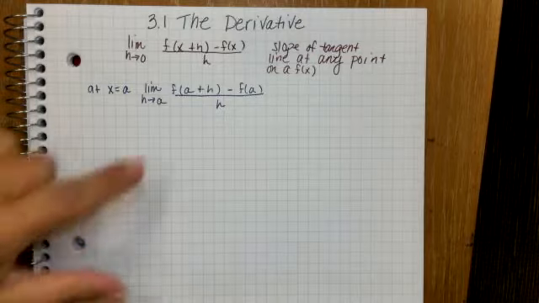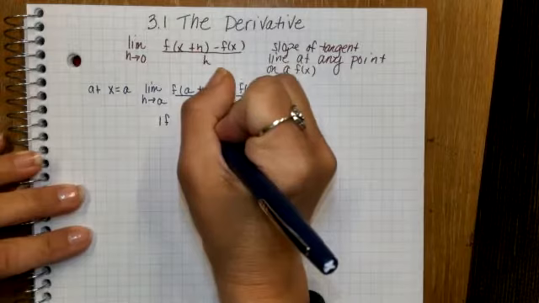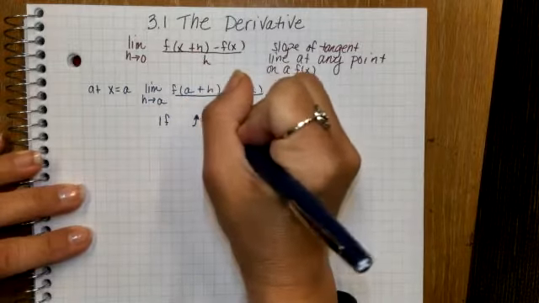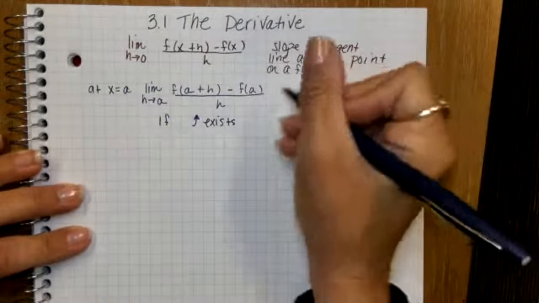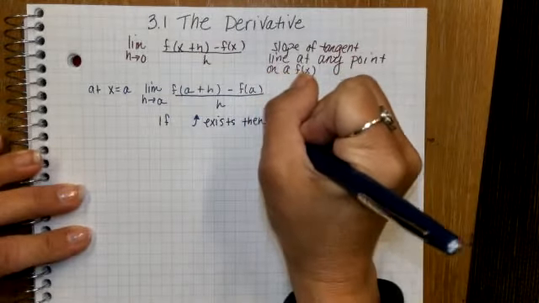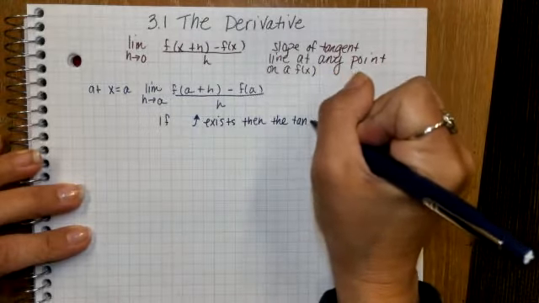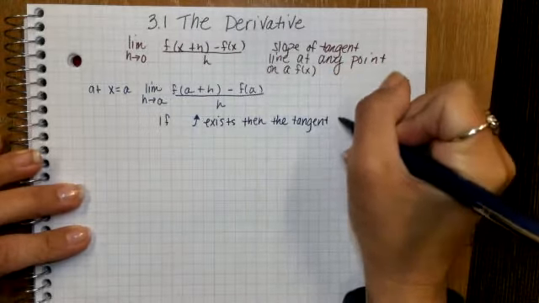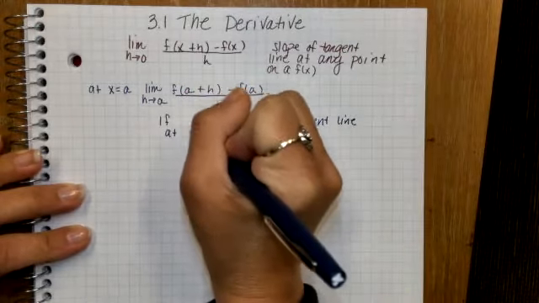Okay, so if this limit exists, then the tangent line at that point exists.